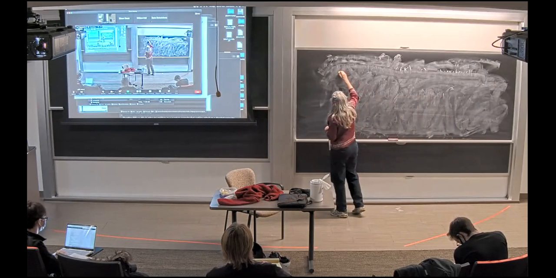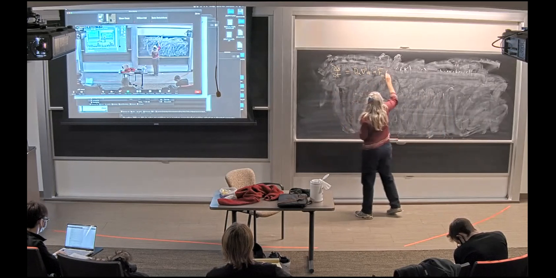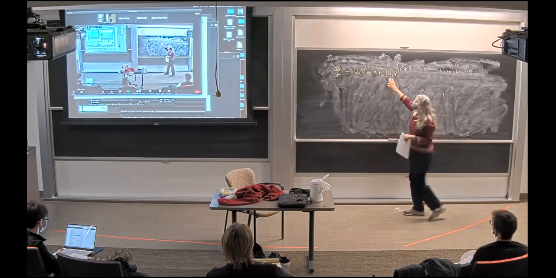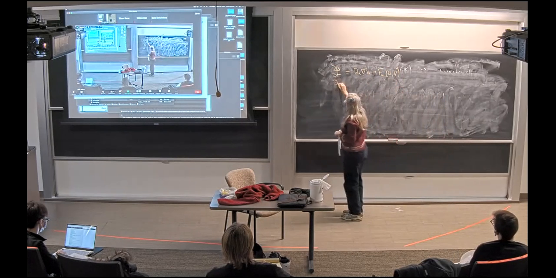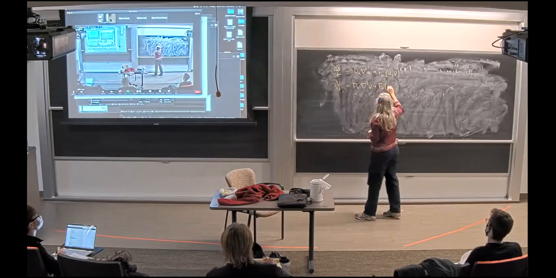One way we could write the Brusselator is like this. This is the reaction equation, and likewise for dV, FV.